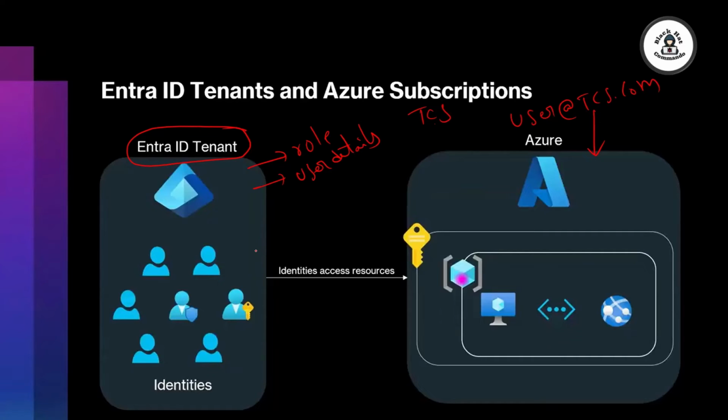Simply put, your identity will be kept inside the Entra ID tenant. Each and everything related to you, whatever access you have and what type of resources you are accessing, will be recorded in the Entra ID tenant. So this is a simple concept of Azure.